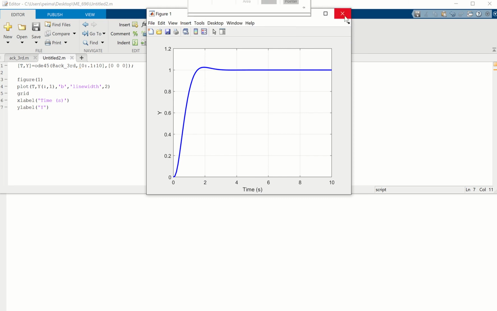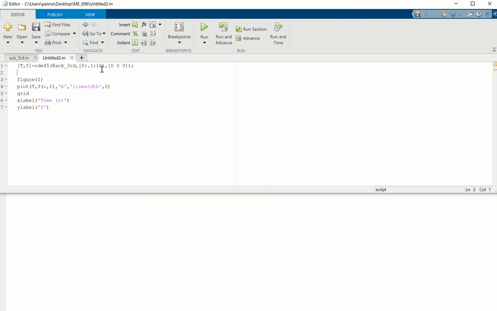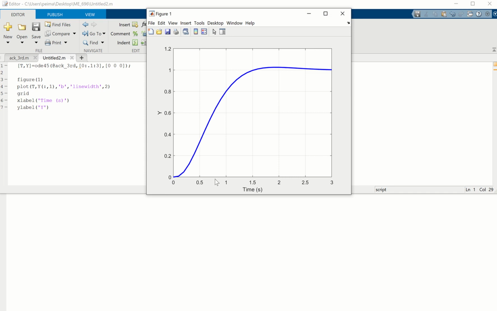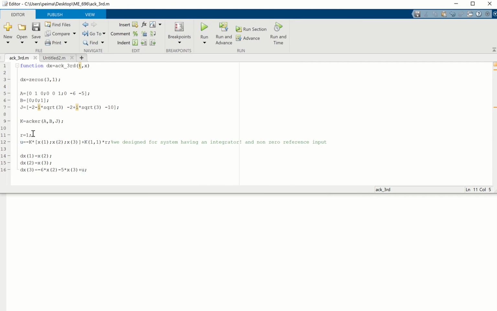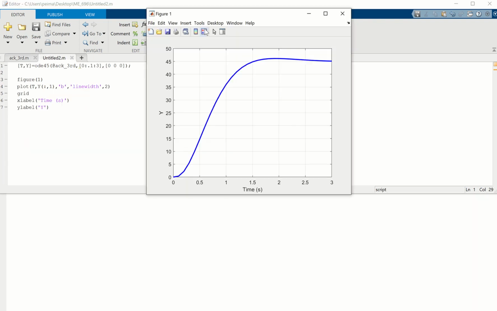If I want to plot it for 3 seconds to make it more visible, there we go. See? And then it goes to 1, the unit step. Understand? So if I change it, I say for a system you want to push it to 45. Here we go. It goes to 45.